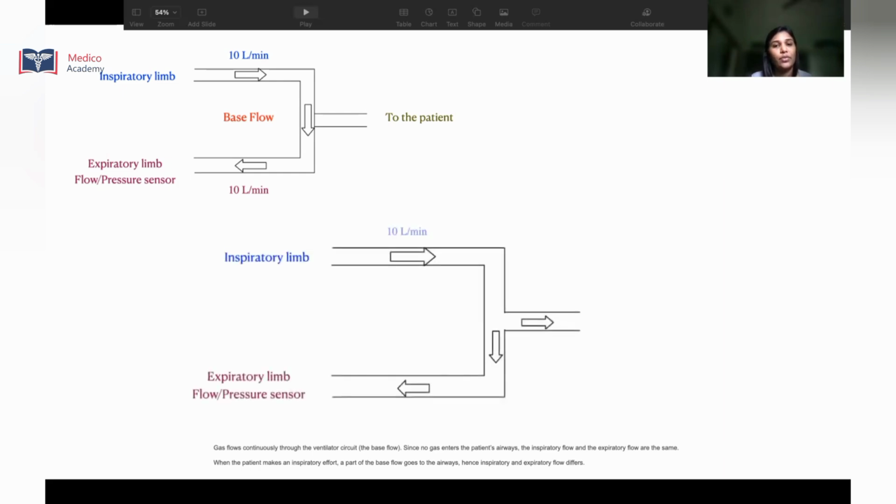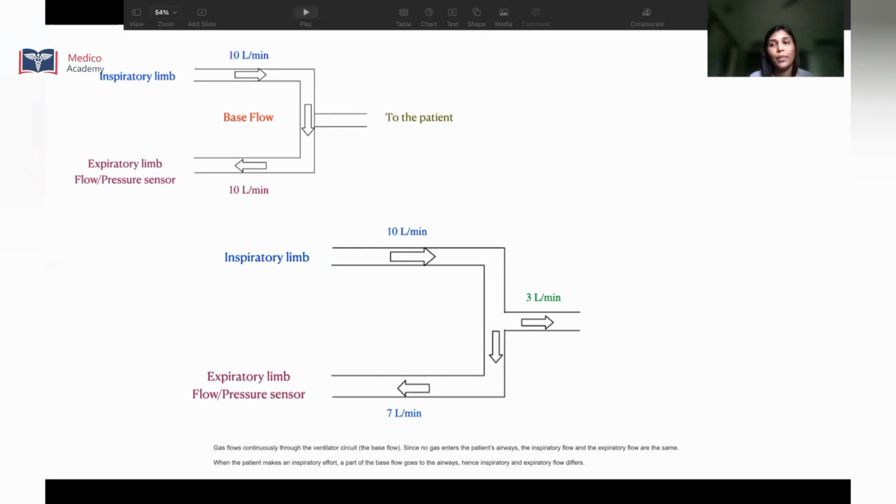A portion of this gas flows into the patient. So whatever comes back will only be the leftover, right? So when the ventilator tries to detect the base flow, it senses a drop in this base flow.